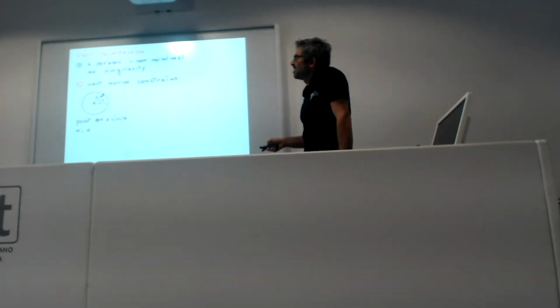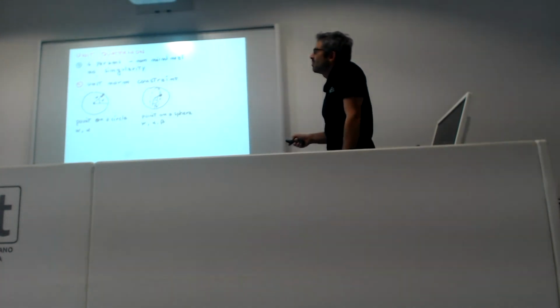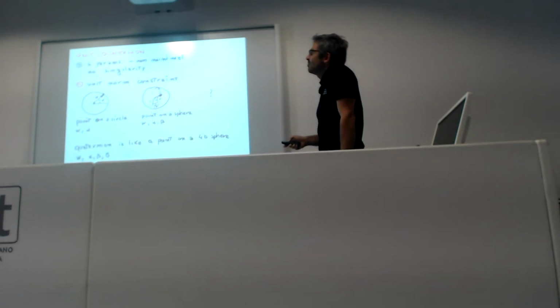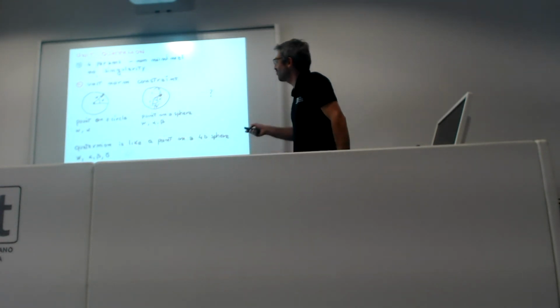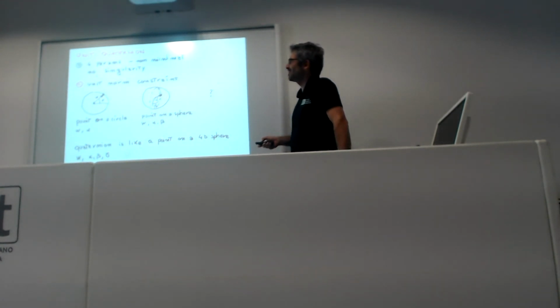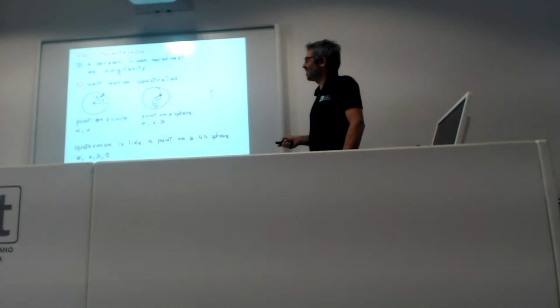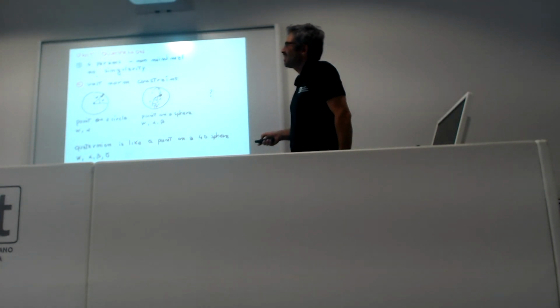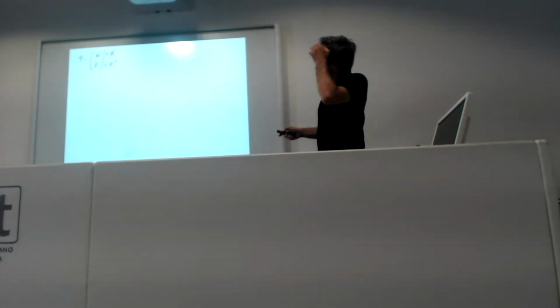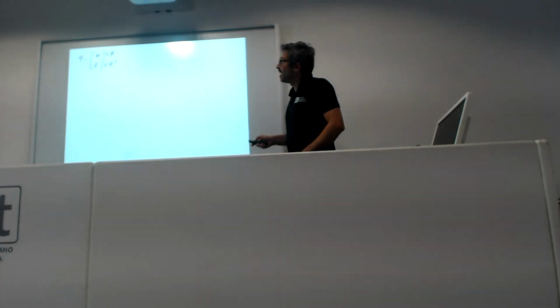Then if you go to a sphere, what do you need? You need a radius again and 2 angles. And then if you go to a 4D sphere, you get a quaternion. So you see it as a point on a 4-dimensional sphere where you have a scalar and 3 angles.